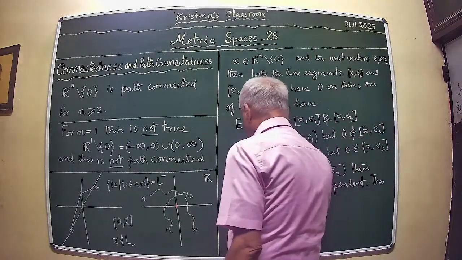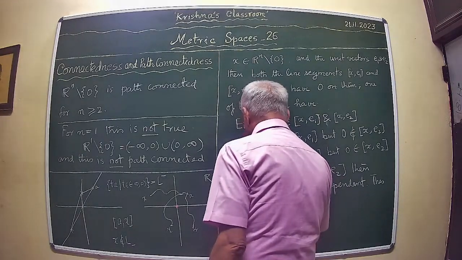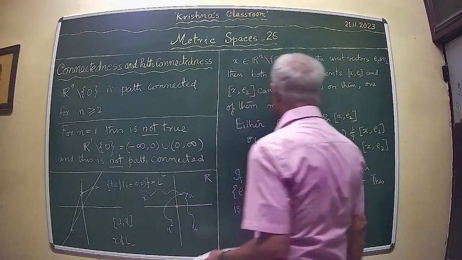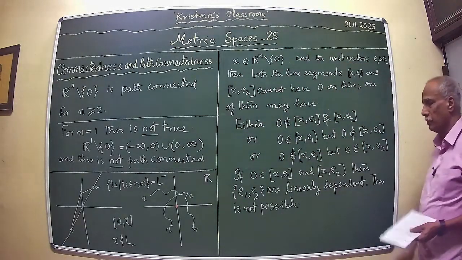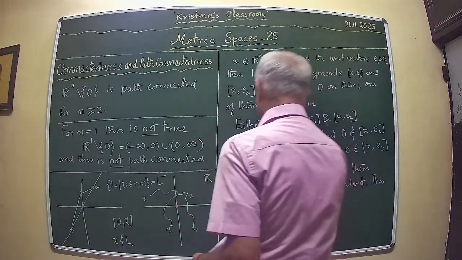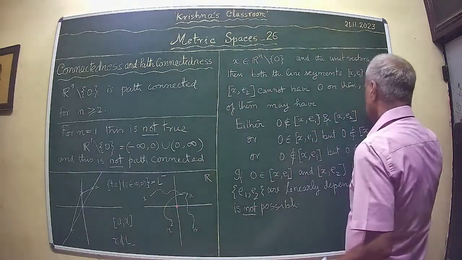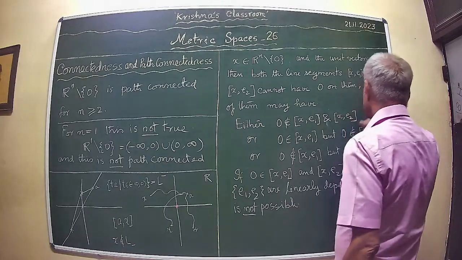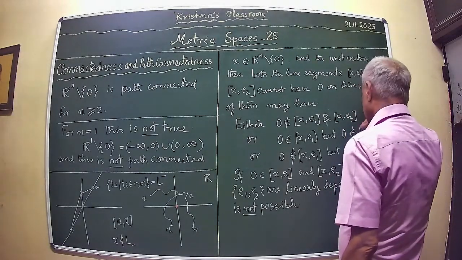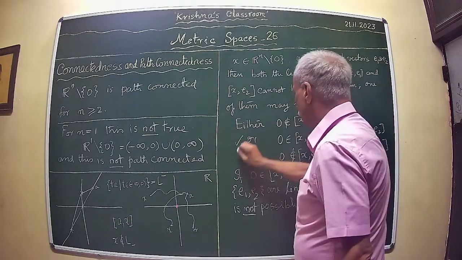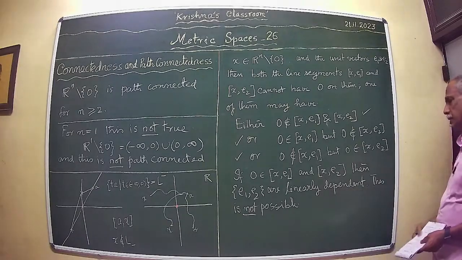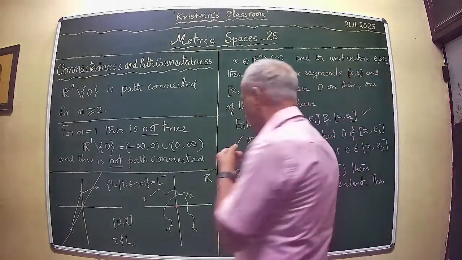This is not possible. Now these e1 and e2 are the elements of a basis, so this is ruled out. So what you have is these two cases are possible, and the other possibility we have ruled out.